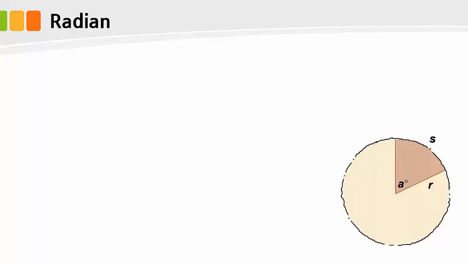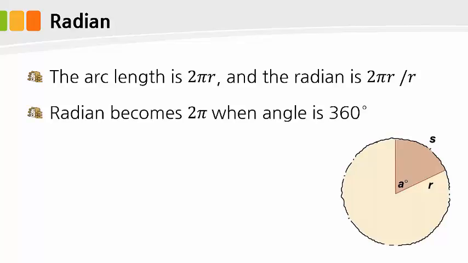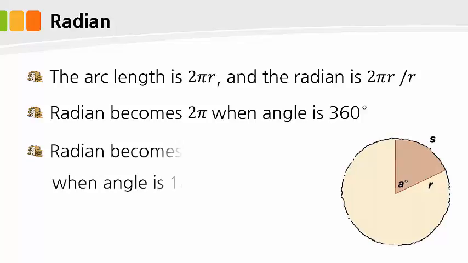The arc length is 2 pi r, and the radian is 2 pi r divided by r, which becomes simply 2 pi, when the angle is 360 degrees. As a result, it can be found easily that the radian of the center angle of a semicircle, 180 degrees, becomes pi. When the radian value is pi, the angle is 180 degrees.